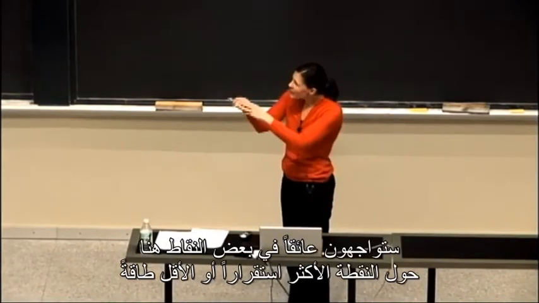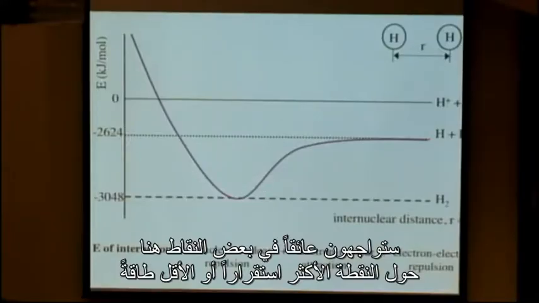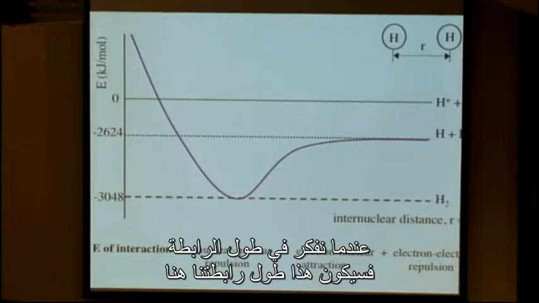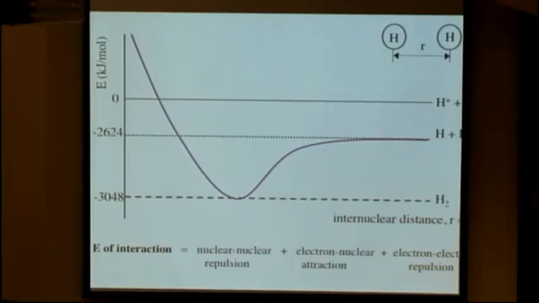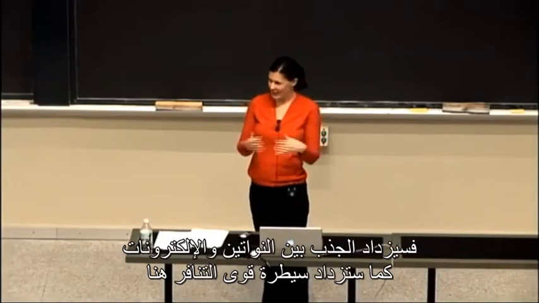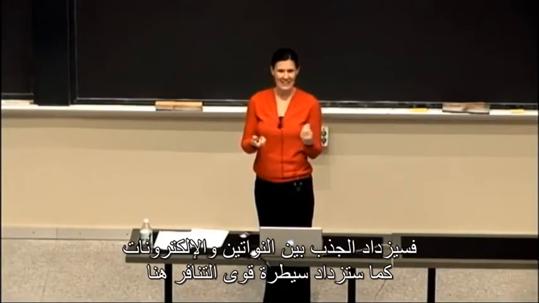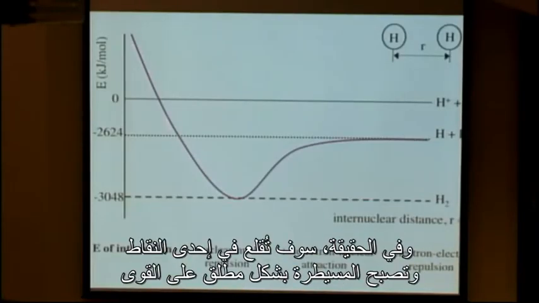At some point, you're going to hit a well here, which is the point where it's most stabilized or at its lowest energy. So when we think about a bond length, this is going to be the length of our bond here. That makes sense because it's going to want to be at that distance that minimizes the energy. But as we keep getting closer, even though the attraction is going to get stronger between the two nuclei and the electrons, we're also going to start to have the repulsive forces become more prominent here.